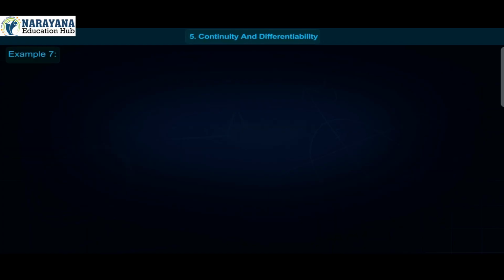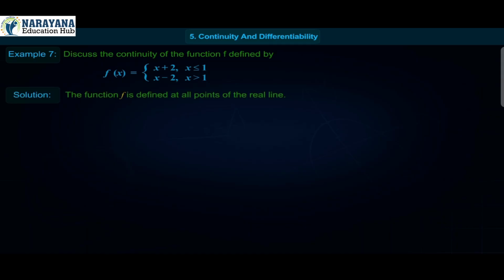Example 7. Discuss the continuity of the function f defined by f of x is equal to x plus 2, where x is less than or equal to 1, x minus 2, where x is greater than 1. Solution. The function f is defined at all points of the real line. Case 1.